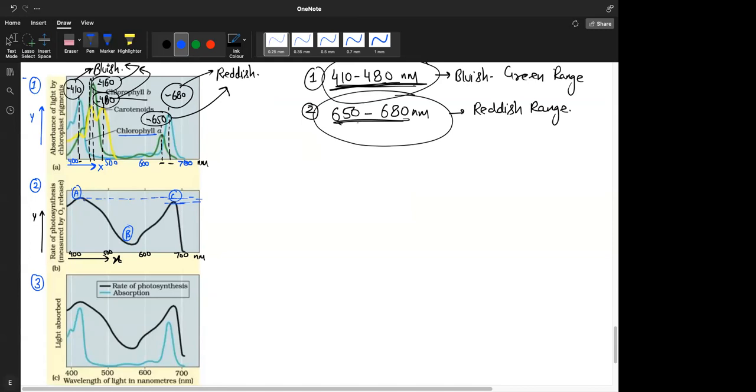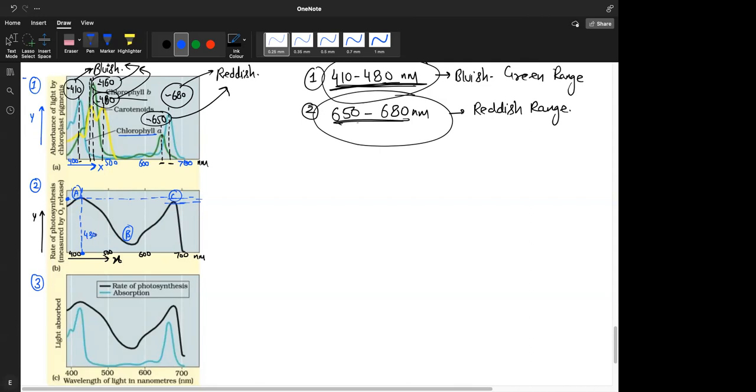So what does A signify? If I go from here, A intersects here, and it is around 400 to 450. Let's say it's around 430 nanometers.